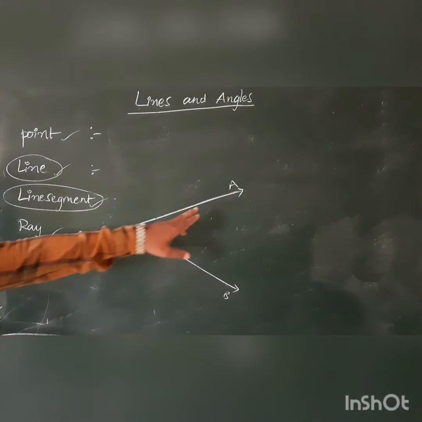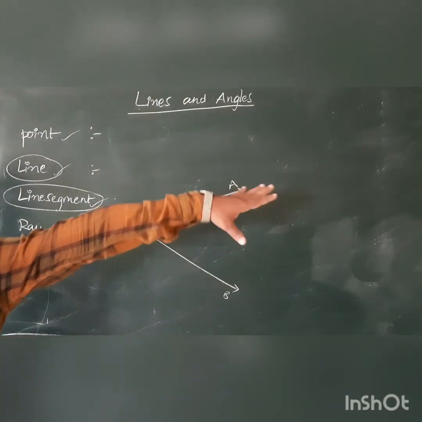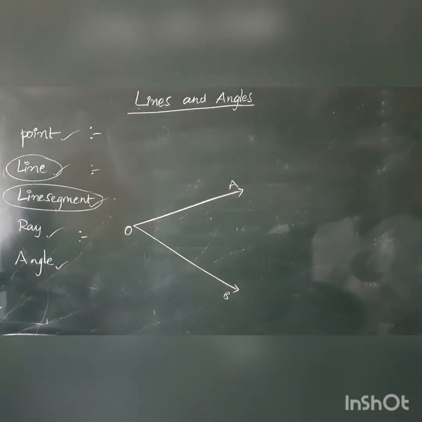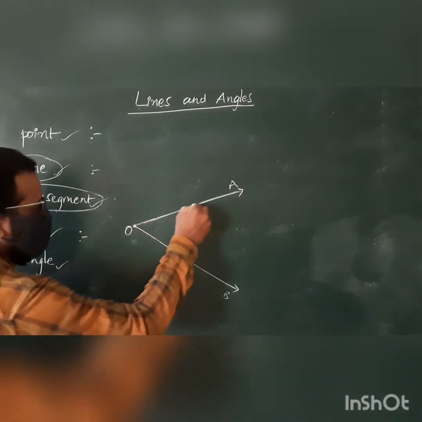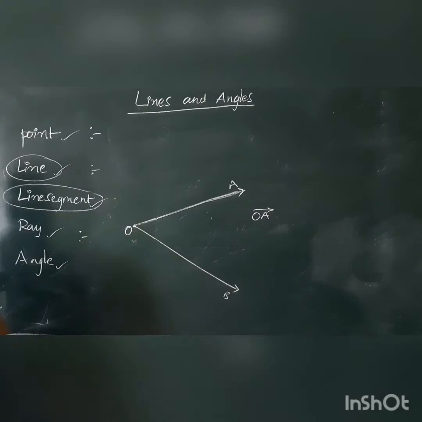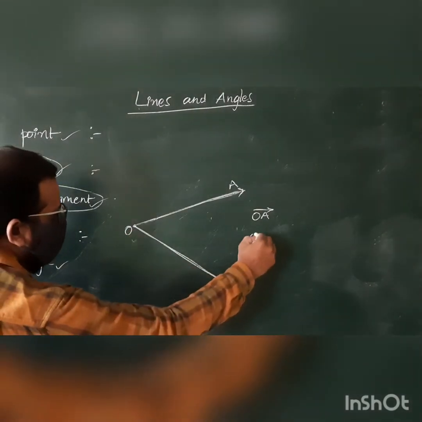And remember that this is not the end point. We have taken a point somewhere and it is unknown. So we are representing OA, and this is the end point of this ray. So OA is one ray. And here OB is another ray.